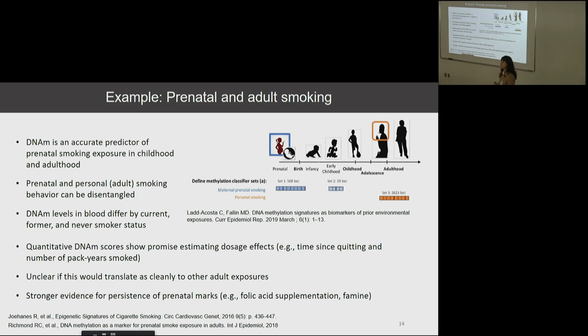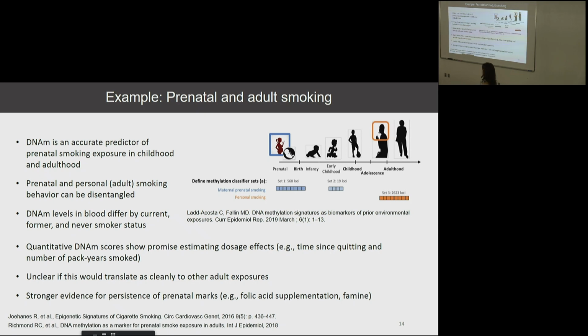From what you were saying earlier, is it true that these epigenetic effects might be more visible if they happen in utero or very early on, or would they also be visible later on?